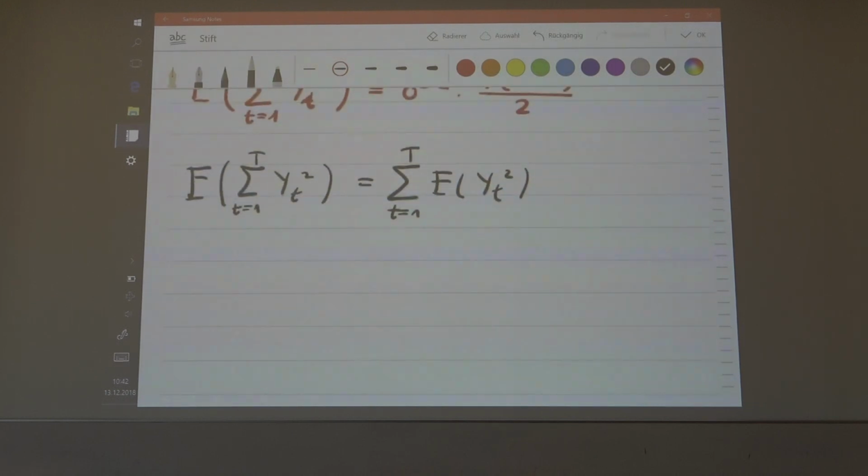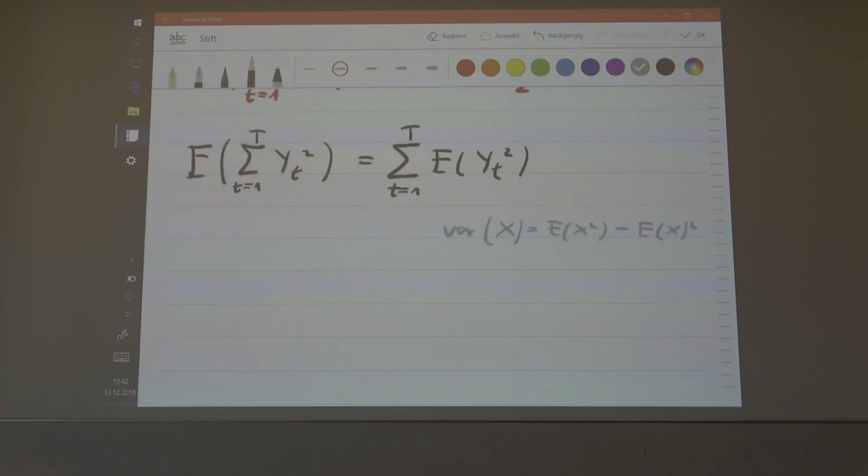Now, since the variance of a random variable is equal to the expectation of the square minus the square of the expectation, you can replace the expectation of the square by the variance of the corresponding random variable plus the square of the expectation.